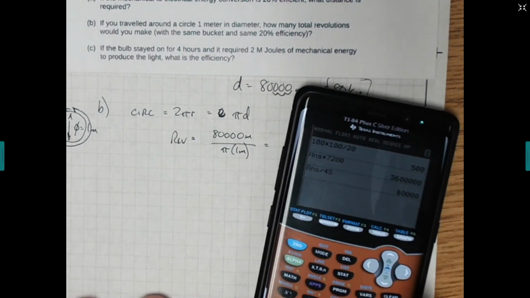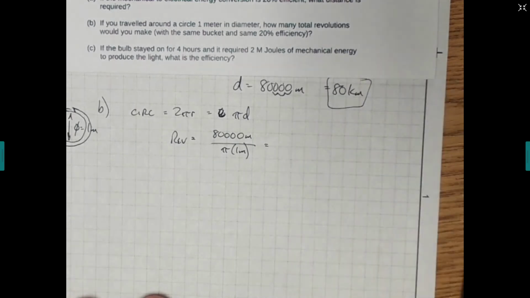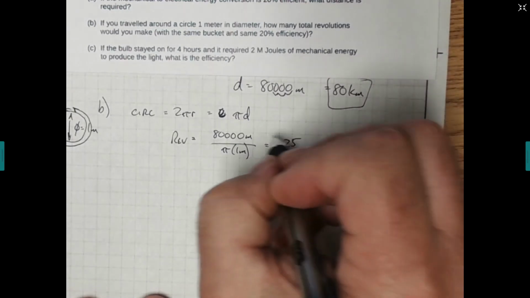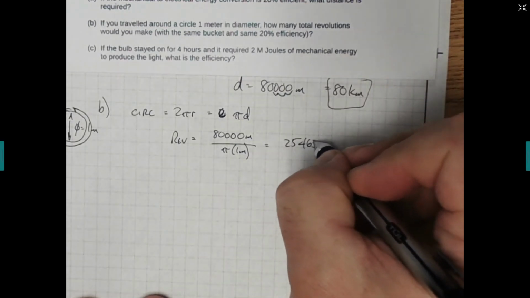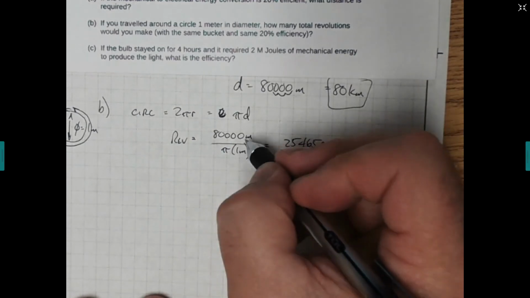So we take our 80,000 and we basically are just dividing that by pi. And we end up with this crazy number, 25,465. We'll round it to a whole number here. 25,465 revolutions. So the meters went away.